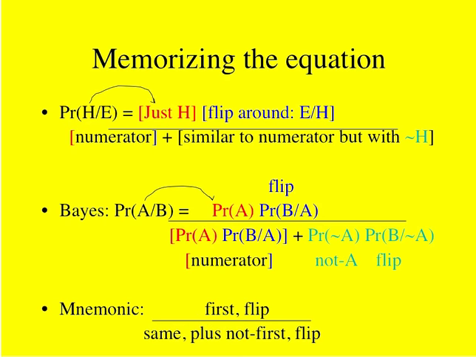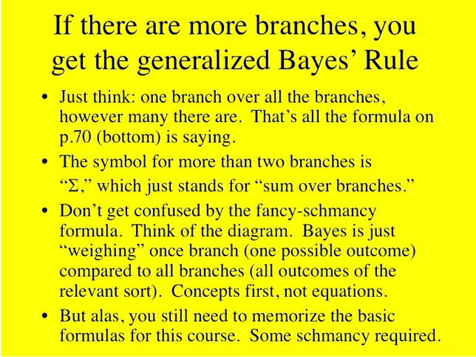The way you get this down is not just through straight-up memorization. That helps, but you're going to have to practice, practice, practice. So again, the homeworks and the practice are crucial. If there are more branches, you get the generalized Bayes rule. The book has all this fancy notation. There's this sigma notation. If you've taken pre-calc, you've probably seen this before.